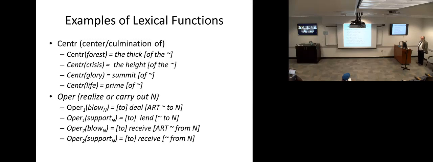It's a collocation. You say the thick of the woods, right? You say the height of a crisis, or the boiling point of the crisis, right? So that would be, for the word crisis, the thing that indicates the culmination of, right? The summit of glory, the prime of my life.